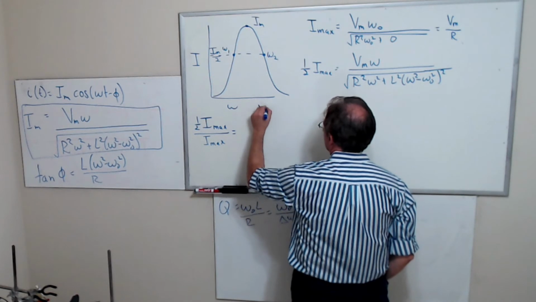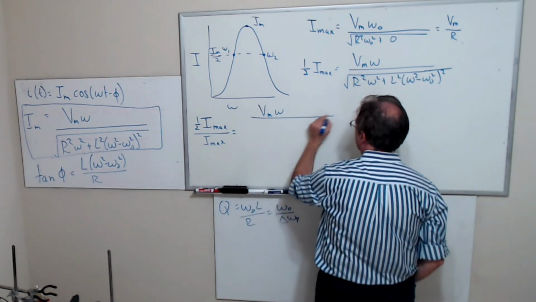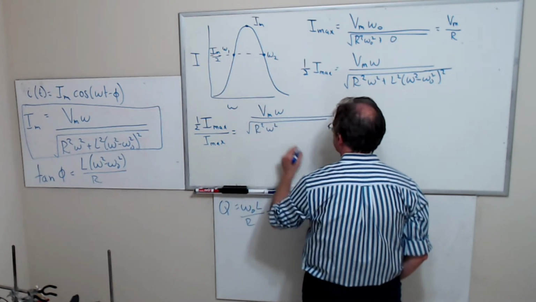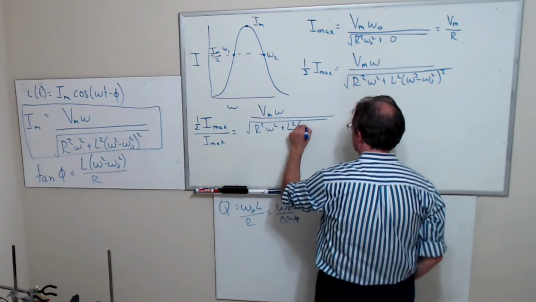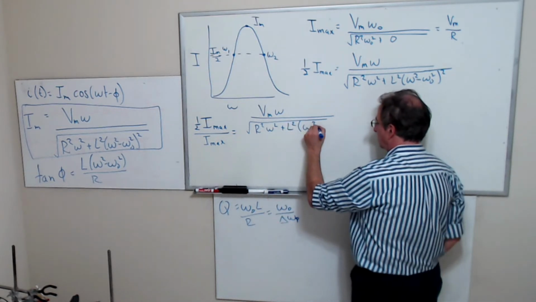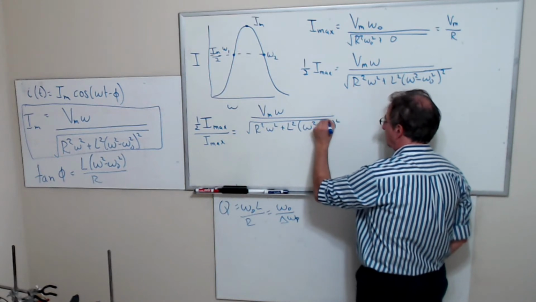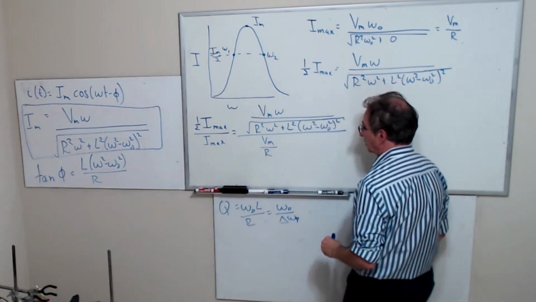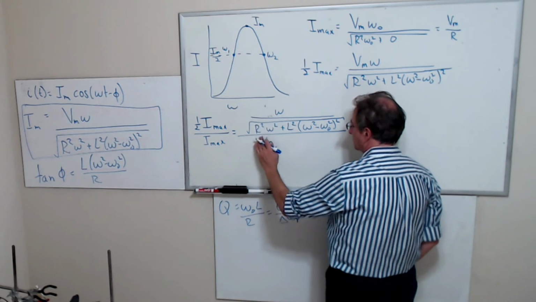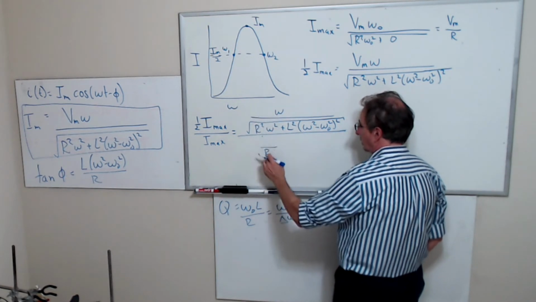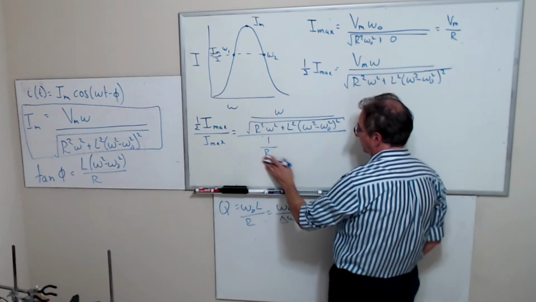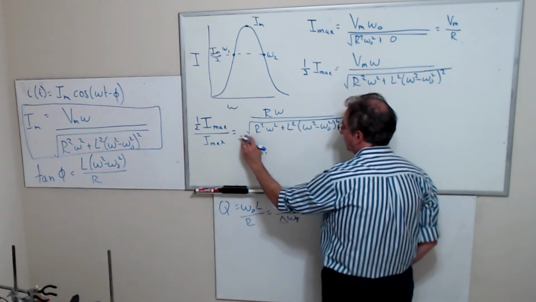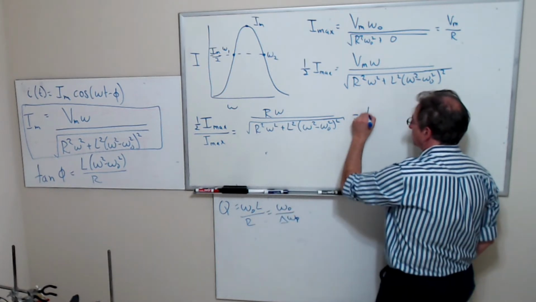So that's going to give me V sub m omega over the square root of r squared omega squared plus L squared times the quantity omega squared minus omega naught squared, squared, and then divided by V sub m over r. Well, this and this cancel, and then I have 1 over r, which goes back up here. So this is what I'm left with, and this whole thing is equal to 1/2.